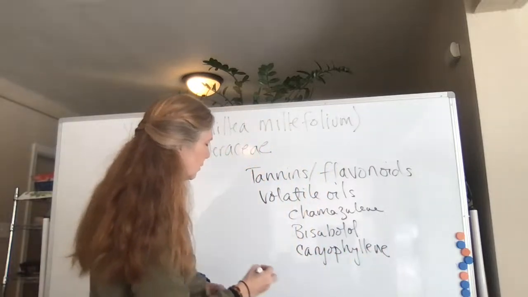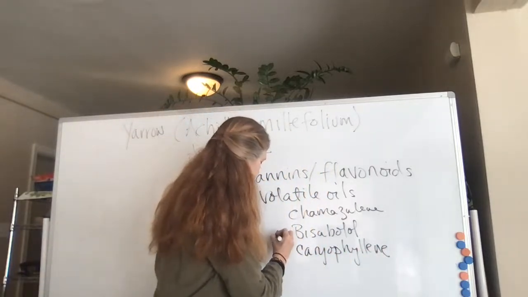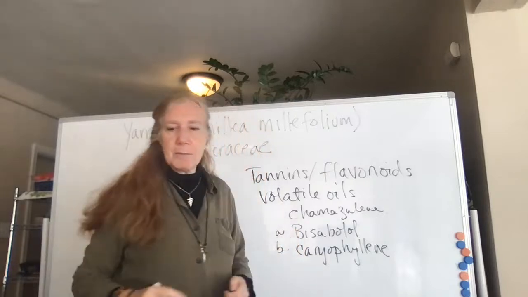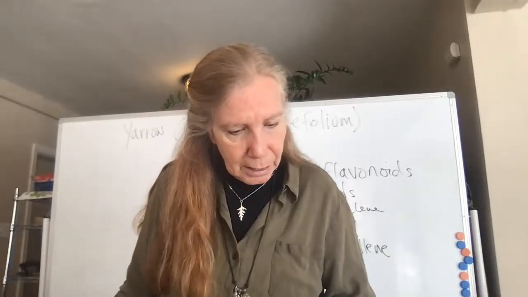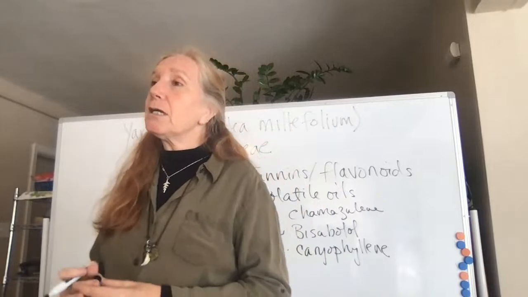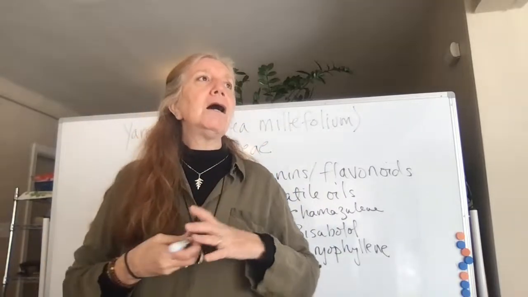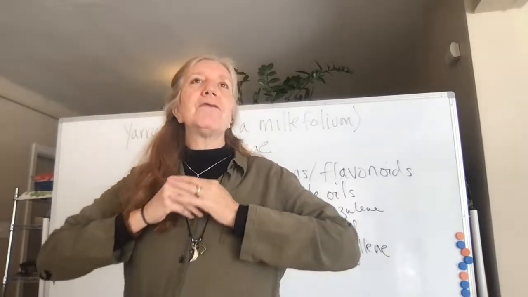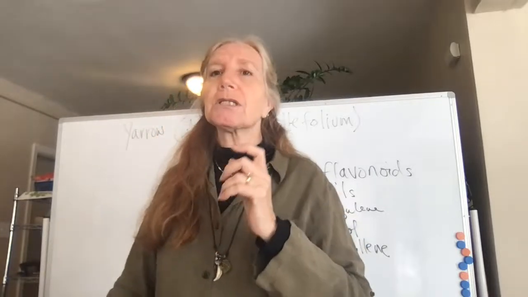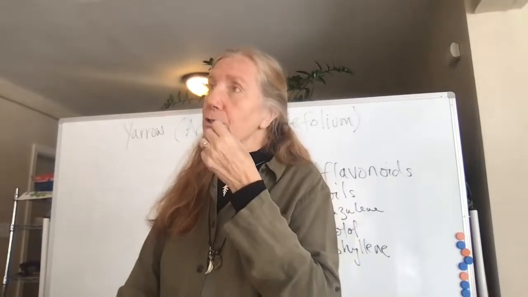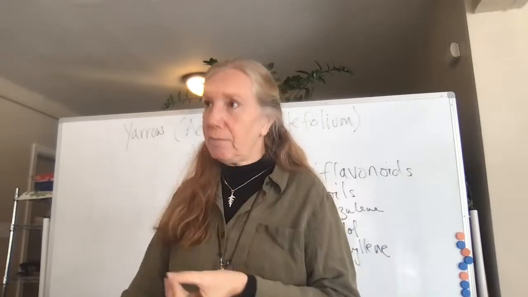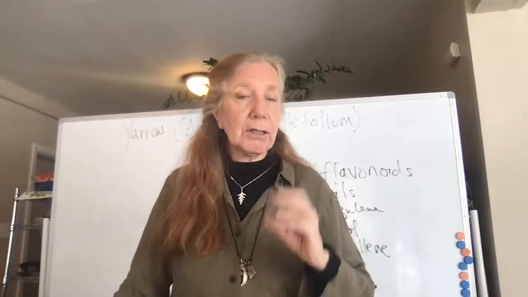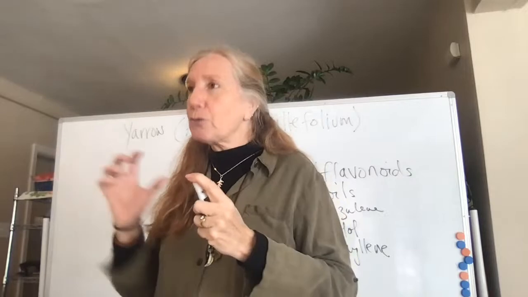I think I spelled that correctly. So alpha bisabolol, beta caryophyllene. The beta caryophyllene is one of the terpenoid compounds that's found in cannabis, which lends cannabis some of its pain relieving qualities. So some of the pain relieving qualities are associated with that.